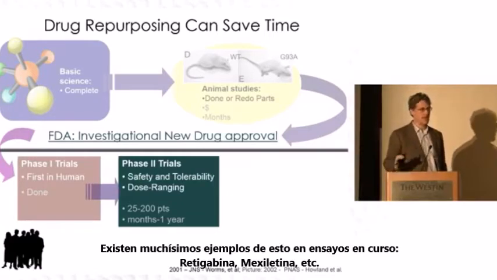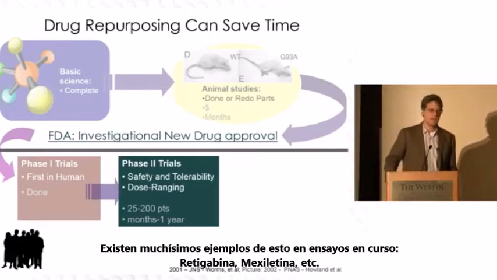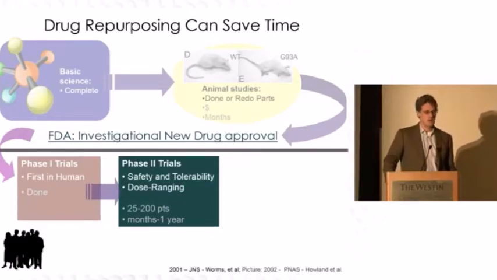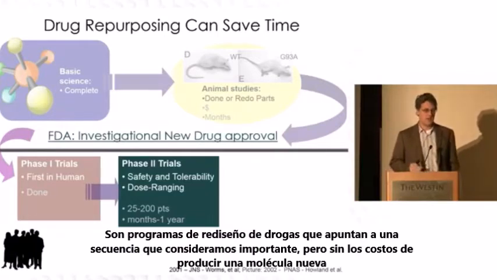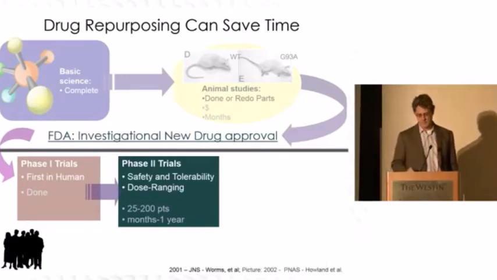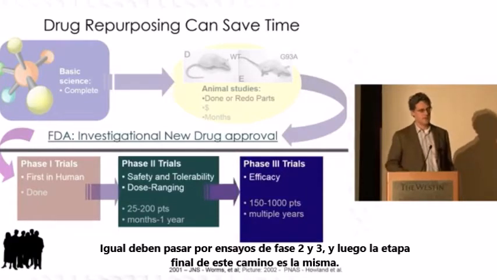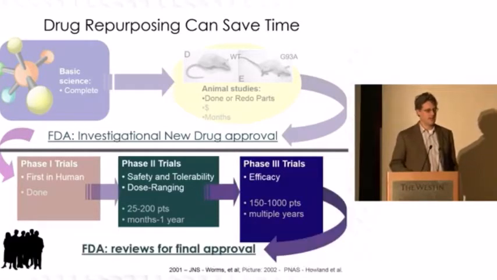And there are many, many examples of ongoing trials like this, retigabine, maxillatine, Actemra. So there are a host of repurposing programs with the promise of targeting a pathway that we think is important, but doing that without all the cost and expense of making a new molecule. They still have to move from phase 2 trials into phase 3 trials, and then the final part of this pathway is the same.